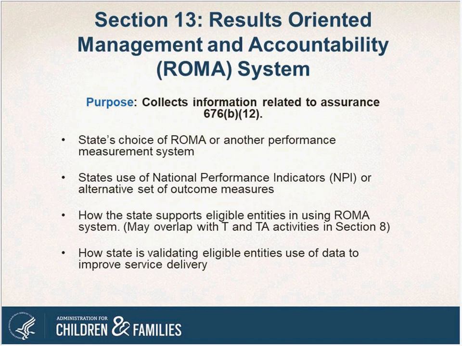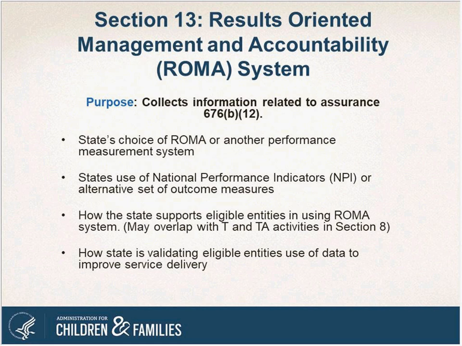Section 8, Results Oriented Management and Accountability System, also known as ROMA. With respect to ROMA, OCS would like to know what each state's choice is, as to their option to choose ROMA or another performance management system that all eligible entities use.